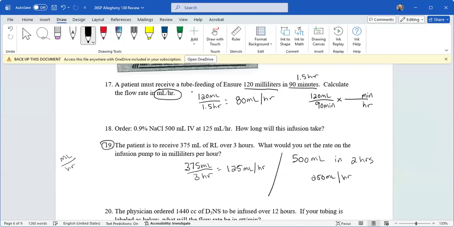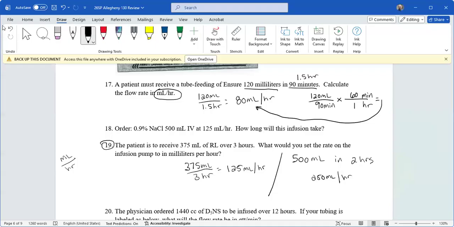You just have to remind yourself, okay, in 1 hour, there are 60 minutes. Then all you do is multiply across the top, 120 times 60 divided by 90, and you're going to get the same answer, which is 80 milliliters per hour.